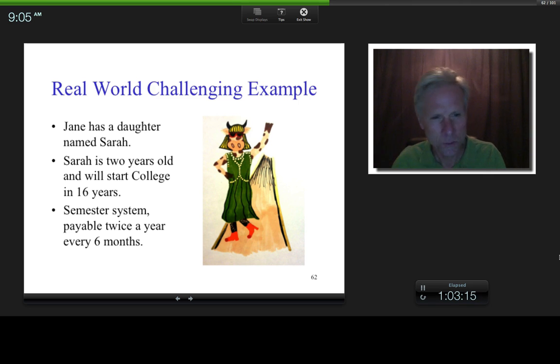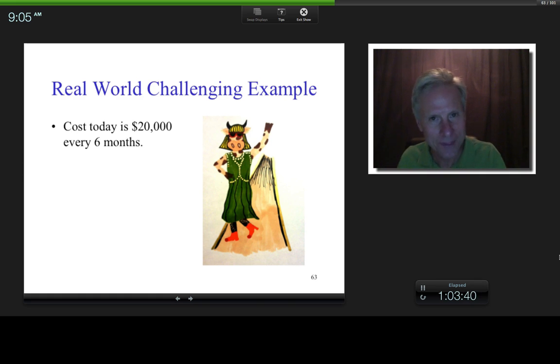Now, do you want to send Sarah to, say, Harvard, Princeton, Kennesaw State University, Yale, one of those types of universities? Or are we talking UGA or Georgia State? Sorry, just kidding if you're from UGA or Georgia State. But all right, so imagine that, whatever Jane's decided, let's say the cost today is $20,000 every 6 months.